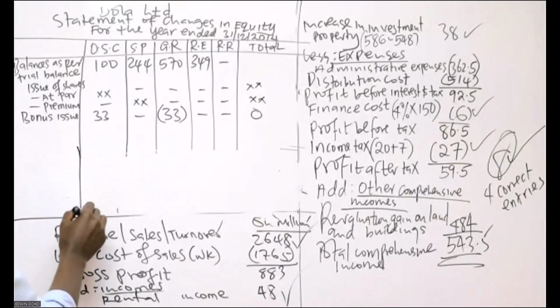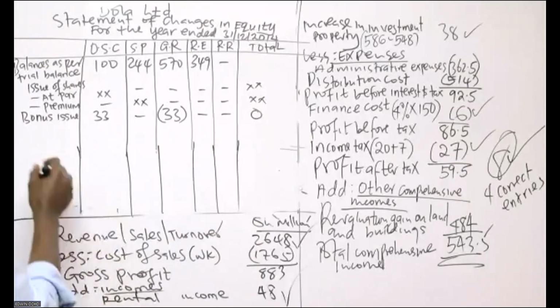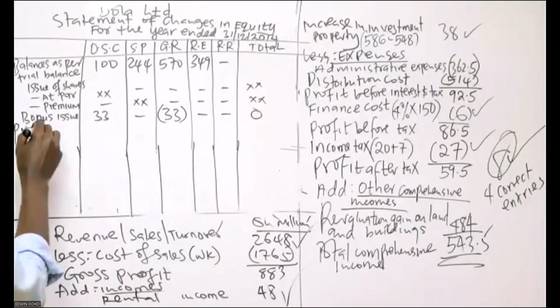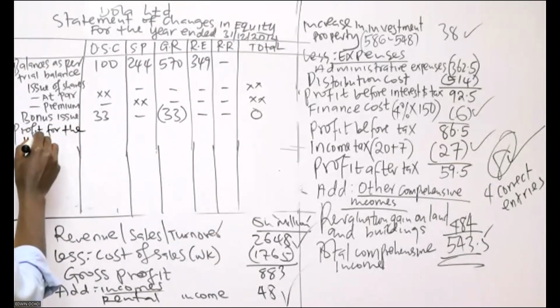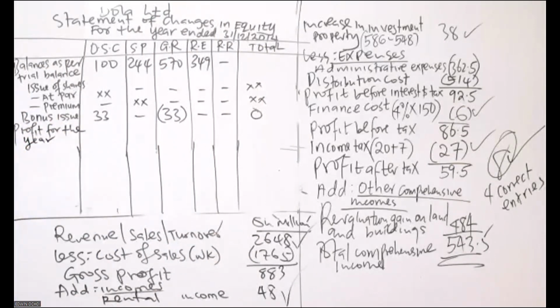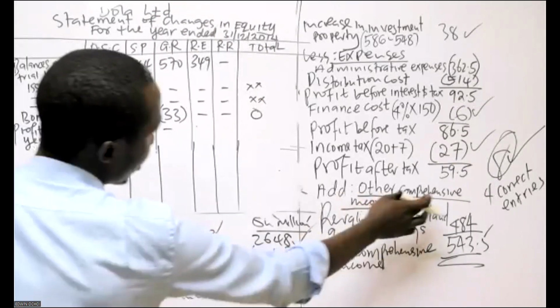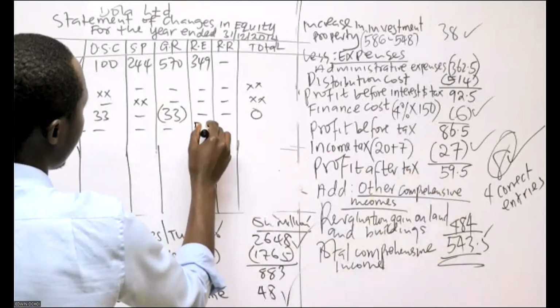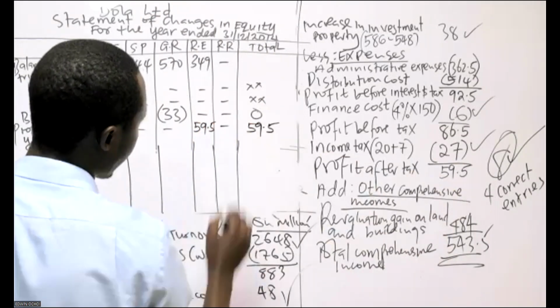Then other than that, we can talk about profit for the year. So profit for the year goes to the retained earnings. So this one, 59.5, and to the total.